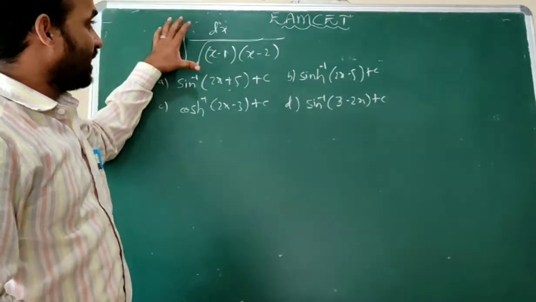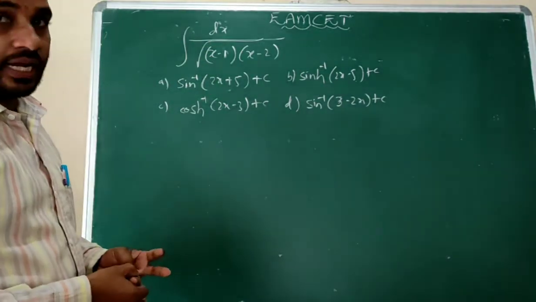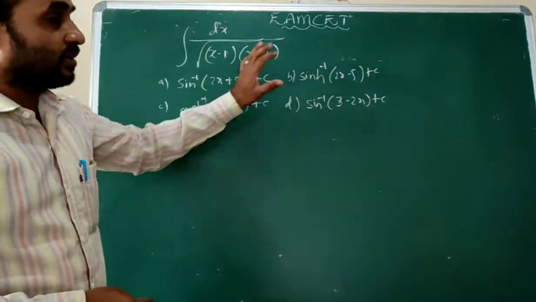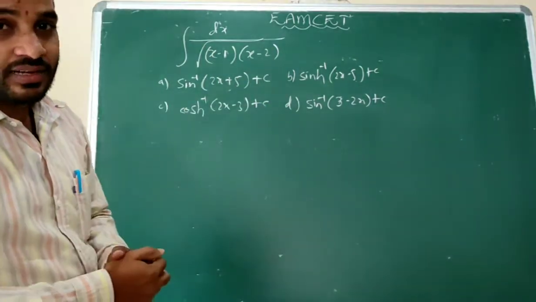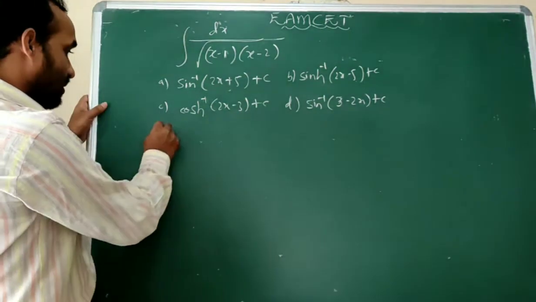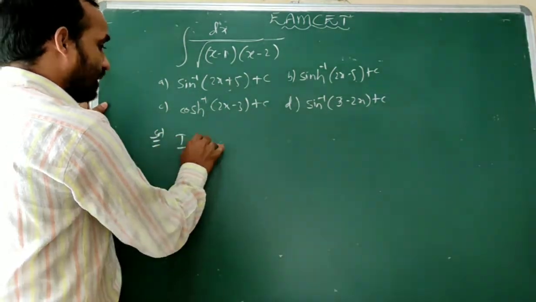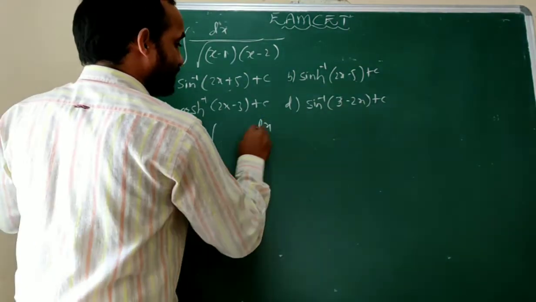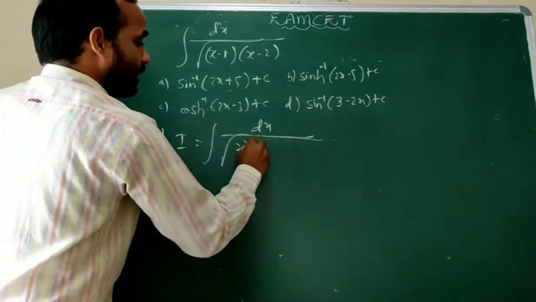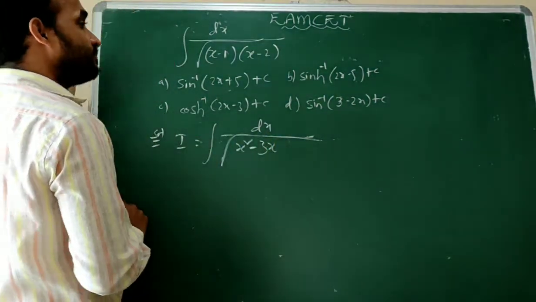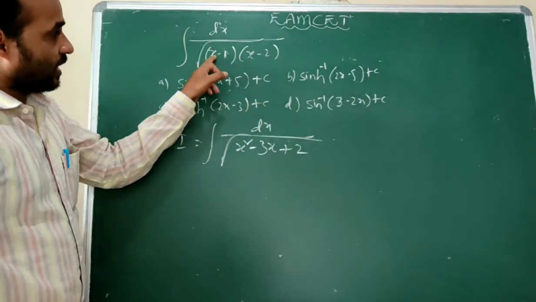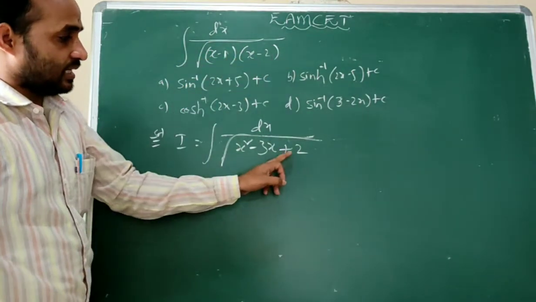For more, integrating dx by under root of x minus 1 into x minus 2. So how to find the solution? First of all, that is the traditional, common method. The solution: capital I is equal to integrating dx divided by under root of x minus 1 into x minus 2, which is x square minus 3x plus 2, because x square minus 2x minus x plus 2.